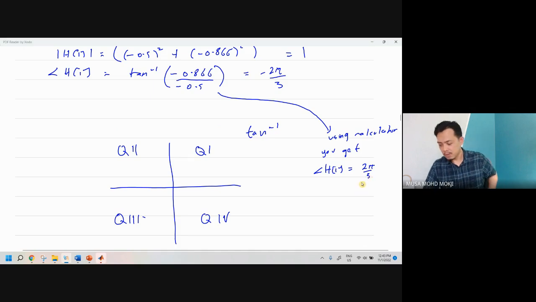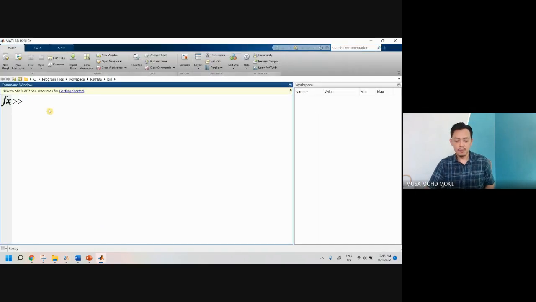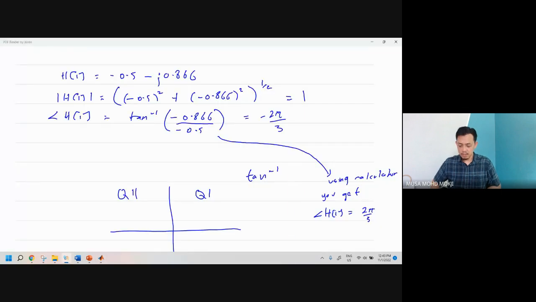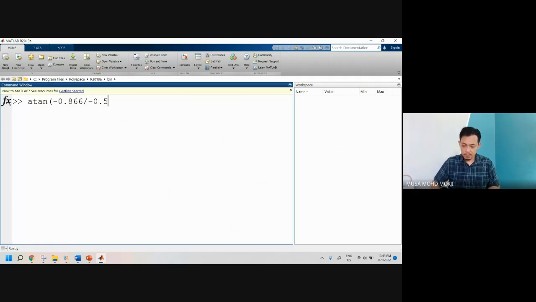Okay, let's see, I'm hoping I can open this one. Okay, so if you do arctangent of minus 0.866 divided by minus 0.5, and let's convert that in terms of pi, actually you get 0.3333.